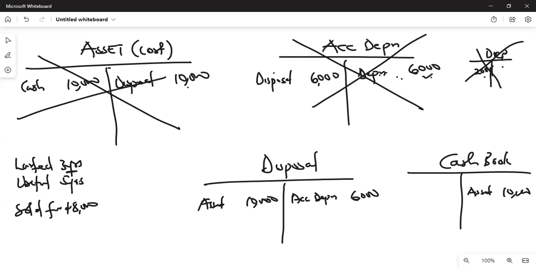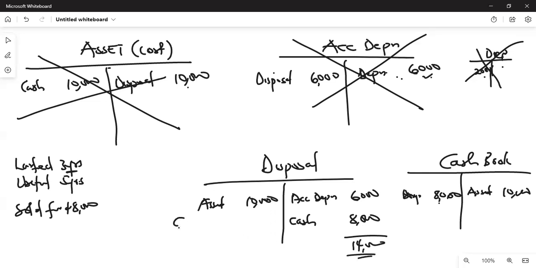Now that you sold the thing for 8,000, you are going to receive cash. Whoever bought it, you put the person's name here. So on disposal you have 8,000 cash that you are receiving, and you credit cash 8,000. At the end of the day, the debit side will be 14,000 and it is not balancing here.